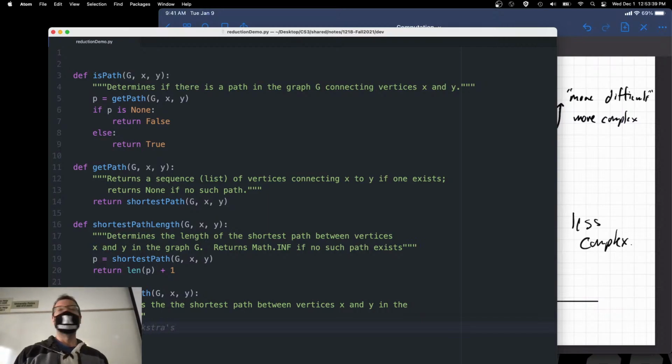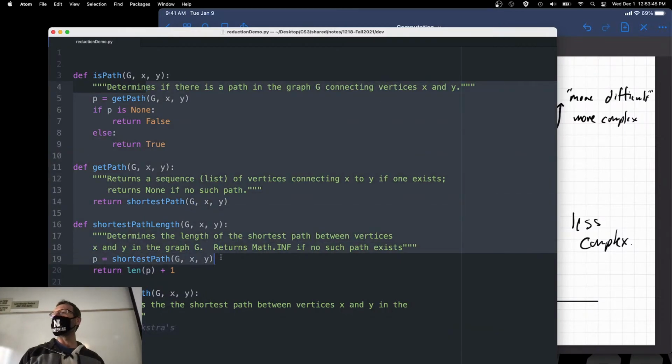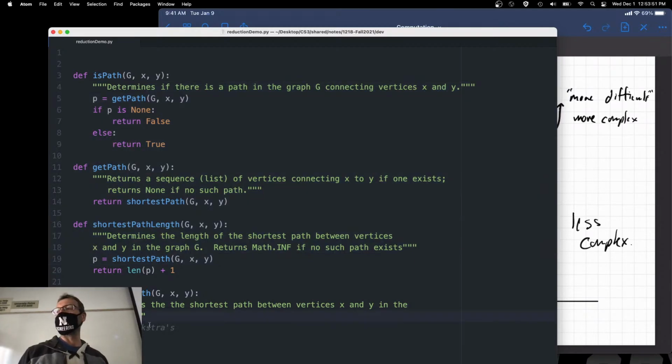So you are reducing the amount of work that you have to do to solve these three problems up here by transforming it and passing the buck to Dijkstra over here to get them to do it instead. I like that idea.